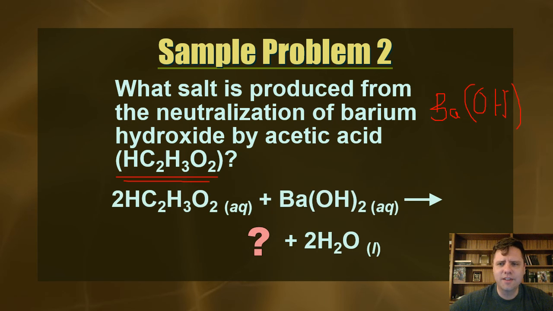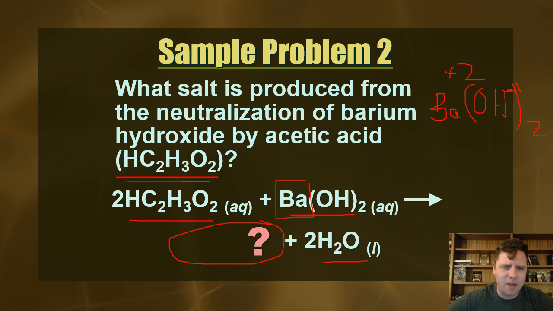And in this case, remember, barium is a +2, whereas OH is just -1. So we need 2 of the OH groups. So we write that down here. Here's our acetic acid. Here's our barium hydroxide. We're yielding water. The question is, what is the salt that's produced? Well, we look at the part of the base that's not hydroxide, and we look at the part of the acid that is not hydrogen, and we put them together.